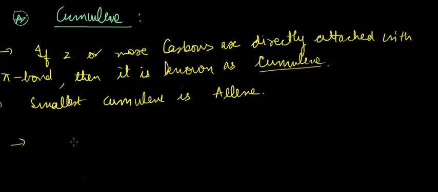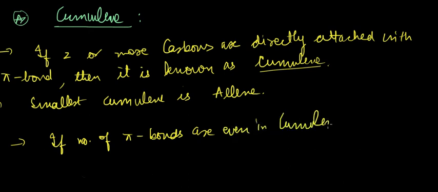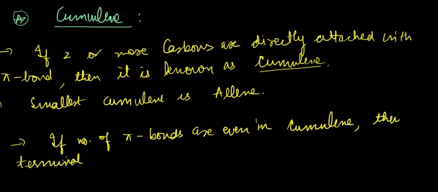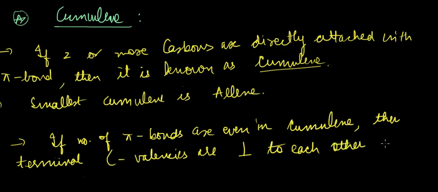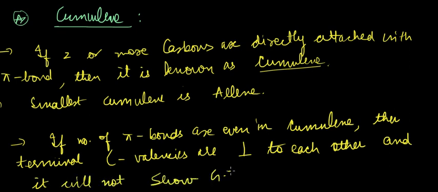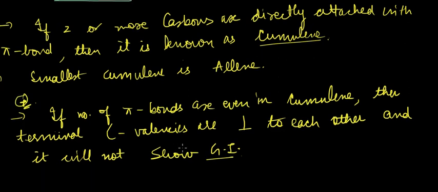So I'll write it like: if the number of pi bonds is even in cumulene, then the terminal carbon valencies are perpendicular to each other, and it will not show geometrical isomerism.